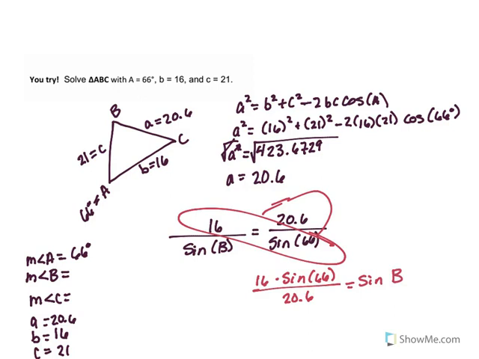Put that in your calculator, and you get about 0.70954, and it'll keep going. Remember, we want these to be between -1 and 1, because sine values don't get any bigger than that on your unit circle. If you get something bigger than that, your calculator is going to say error because it's not possible. So these go away. We're going to take the sine inverse. So type this in your calculator.